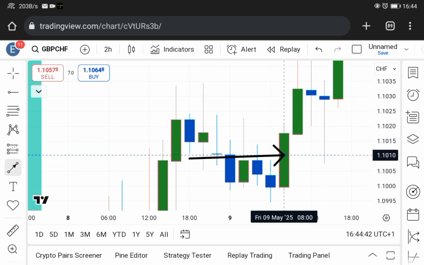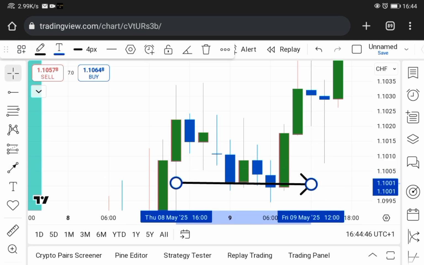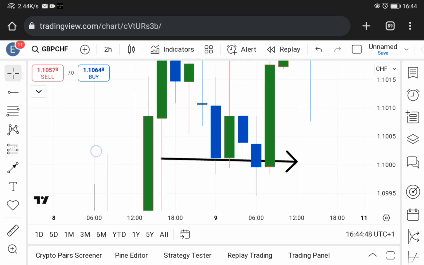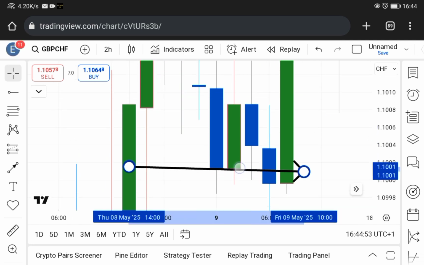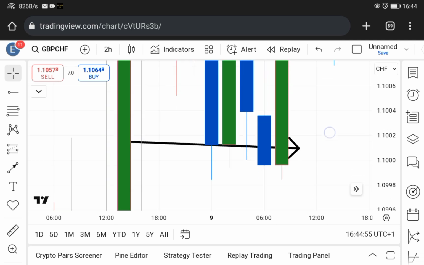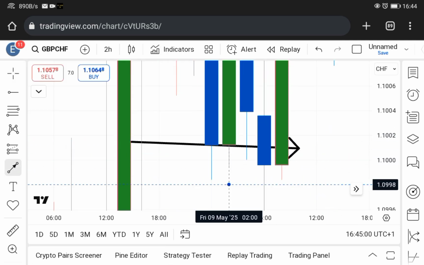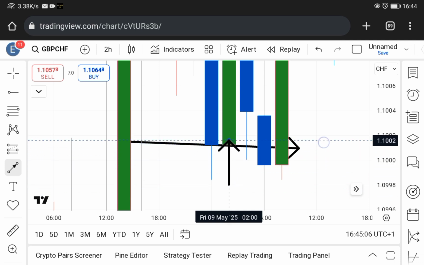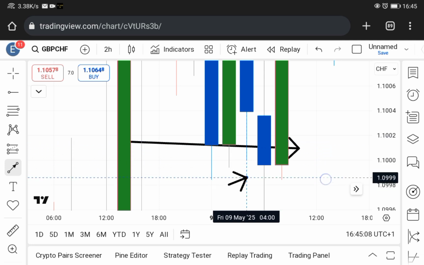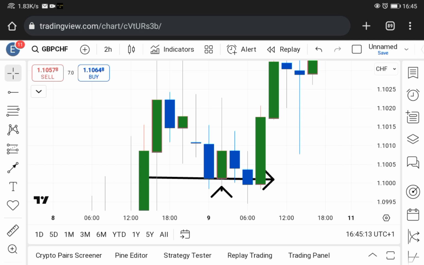So if we place our trade at those points, this market was able to give us an entry following this candle here that comes into it. We were able to have an entry, but we were not able to reach the high that we needed.